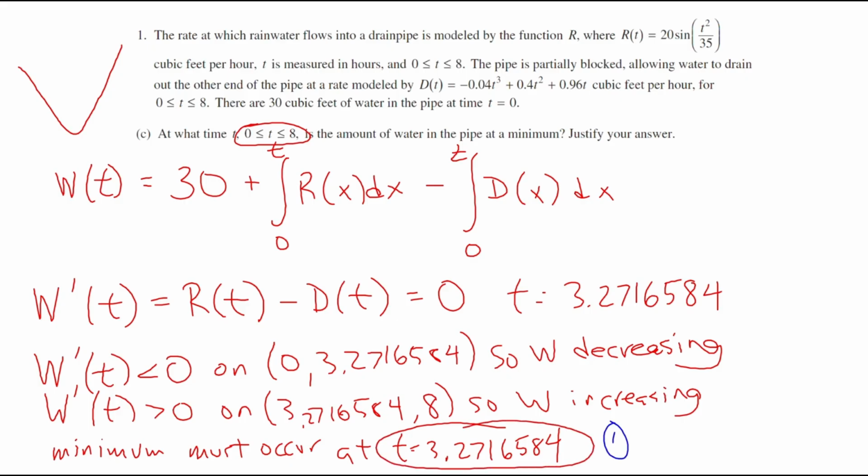But what you could also do, if you don't like that, and we got 1 point for the explanation with the justification with the answer. The justification is 1 point, the answer is 1 point, and just having r of t minus d of t equals 0 is 1 point. But your other option, and I'm going to show this too, is just to find the value of w at 0, at this t value, and at 8.